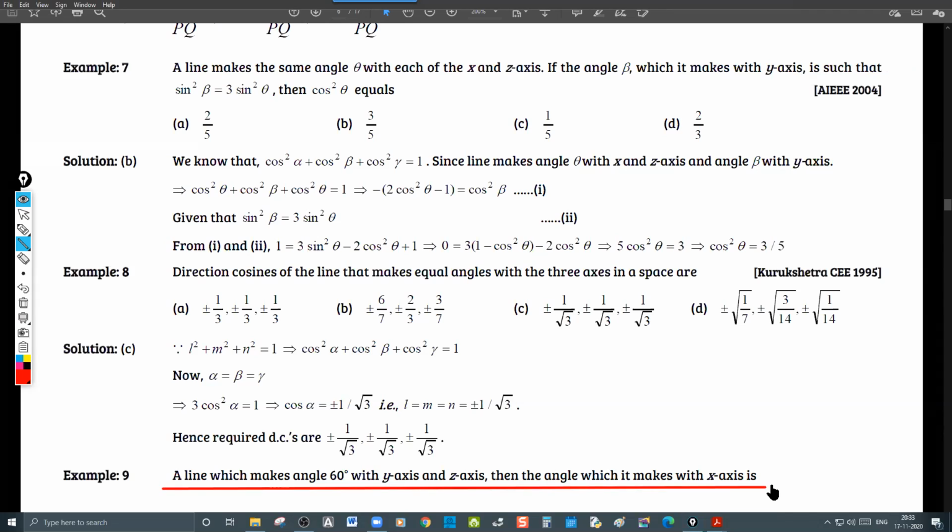Sir, 60. Cos 60, cos 60 is 1/2. Sir, cos 60 is 1/2 only, no, sir?